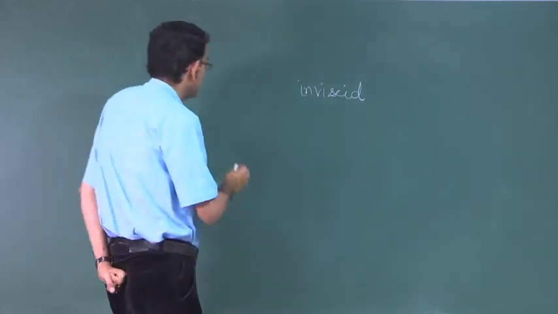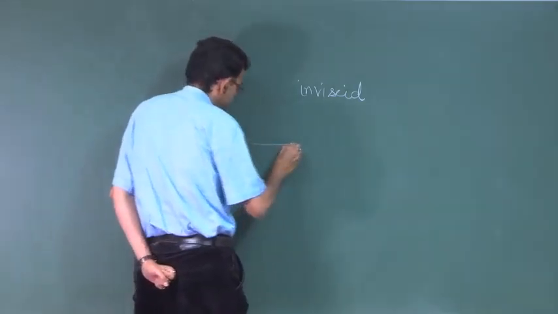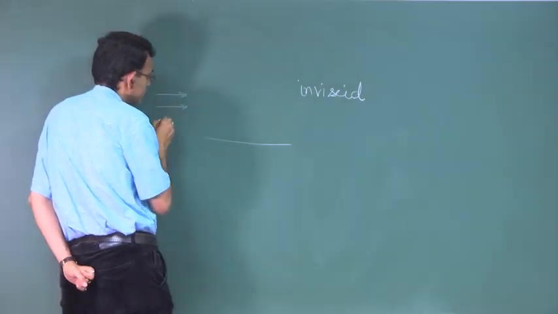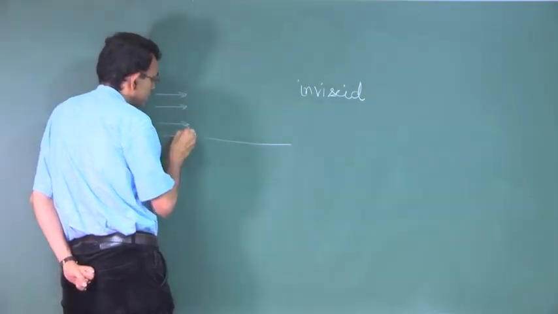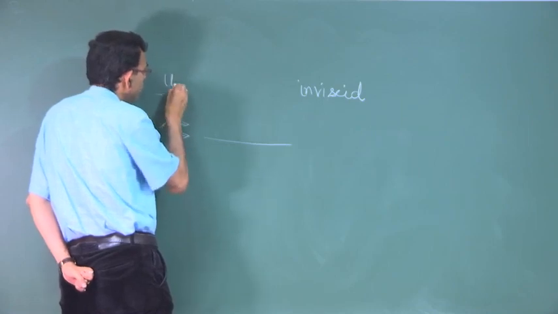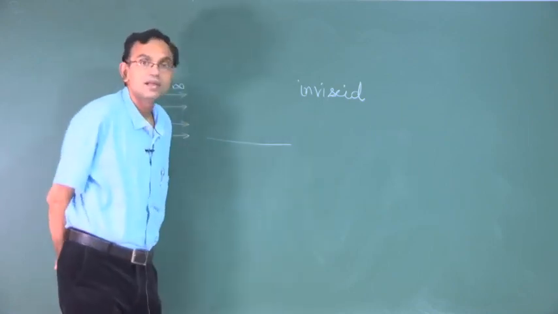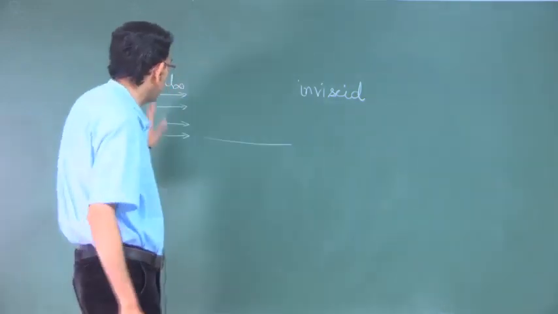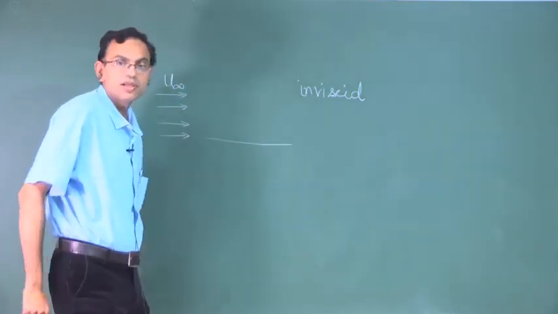But let us say that there is a solid boundary on which a uniform velocity profile is coming, a fluid with uniform velocity profile is coming on the solid boundary.